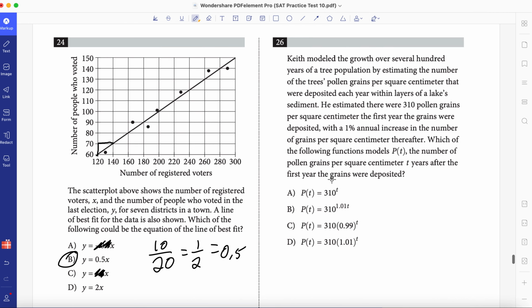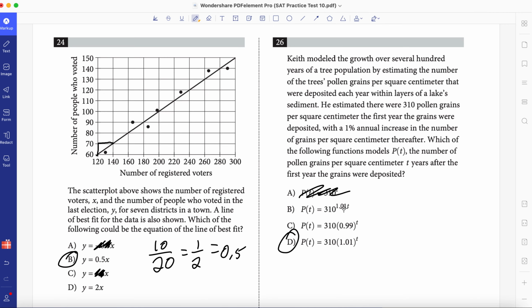For this one, this is just a bunch of words. We know that it grows by 1% every year, which of the following models the function p of t. So for this question, it's just D, and this is just by nature of exponential growth. Because it grows by 10%, this just is incorrect, because you need to have that growth of 1.01 because there's annual increase, and then this is just like the incorrect form.